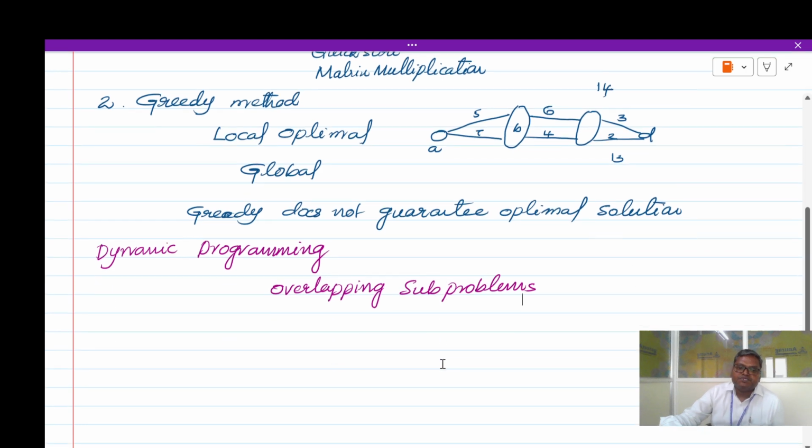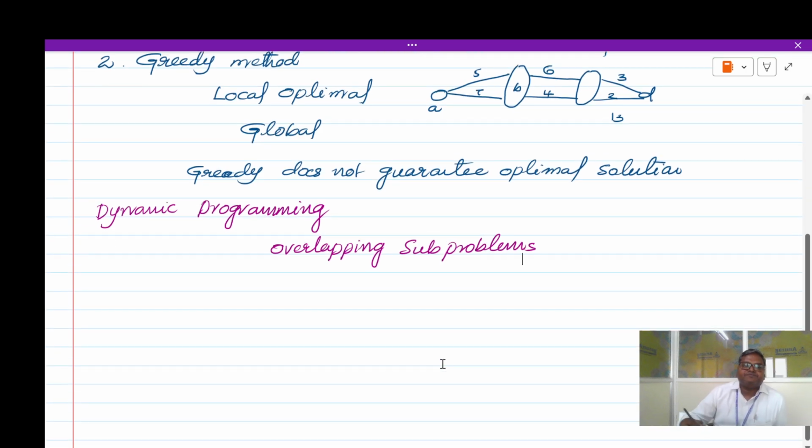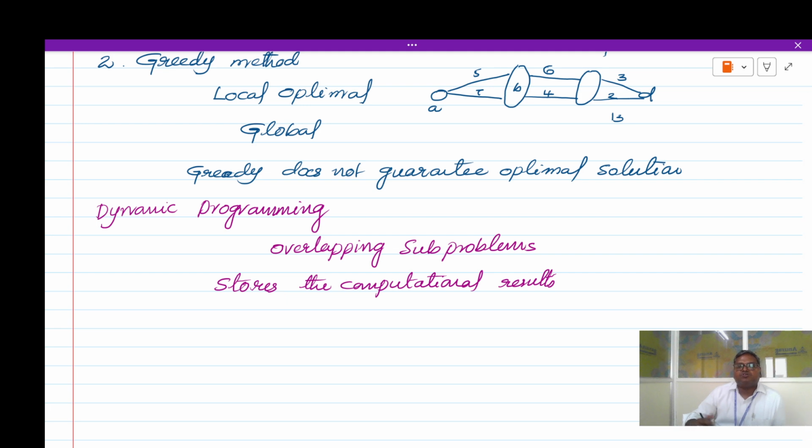And dynamic programming stores the computational results in a table so that whenever we take a decision, we consider all the options and we go for the optimal solution.